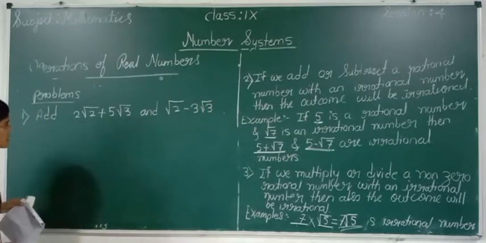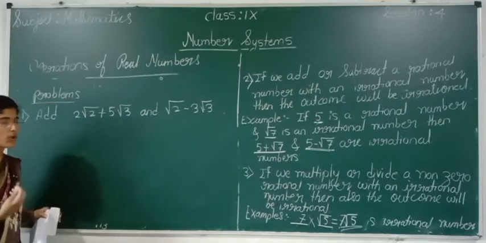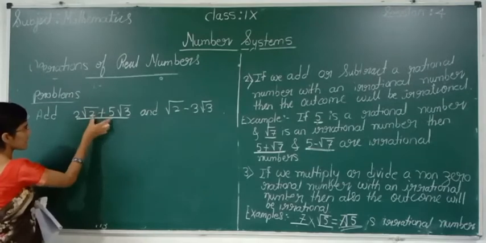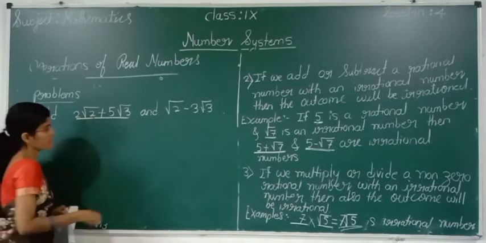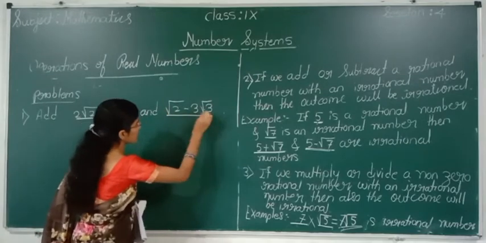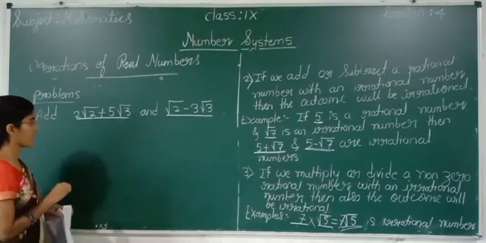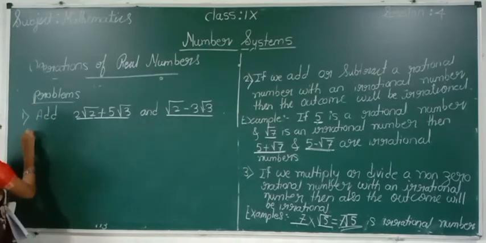Now see here, students, they told us to add, so we have to do addition. This is definitely an irrational number because root 2 and root 3 are there, and this is also an irrational number. If you take two irrational numbers and add, what is the result? The answer may be rational or irrational. We will perform it now.